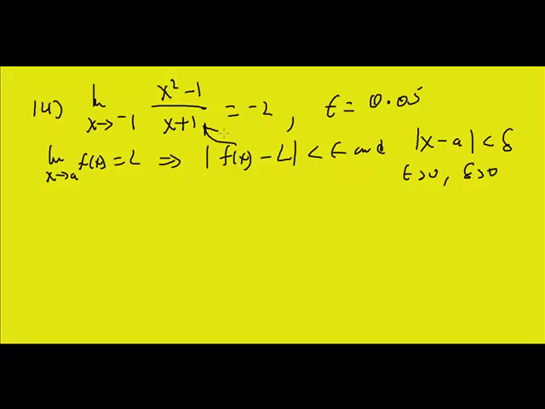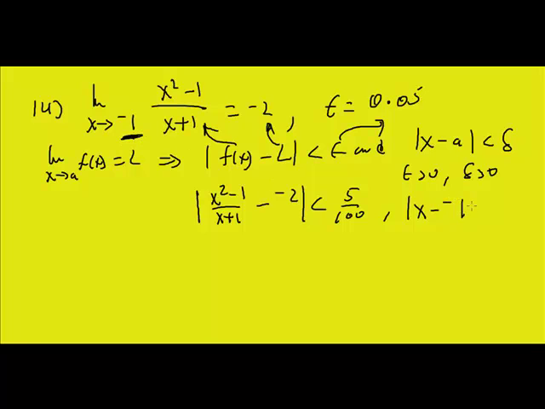My f of x is x squared minus 1 over x plus 1, minus my L, which is -2, so minus -2, is less than my epsilon, which is 5 over 100. And at the same time x minus a, and that's my a right there, so minus -1, is less than some delta. So I'm trying to solve for delta.